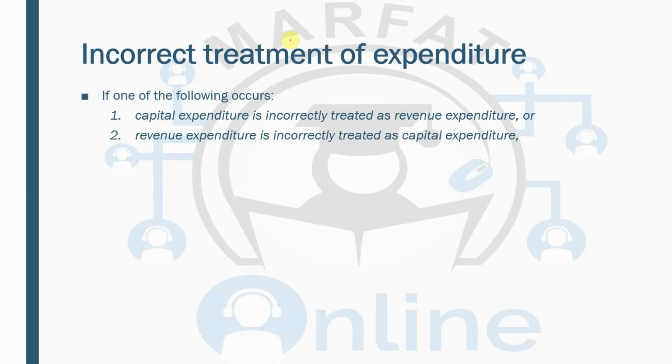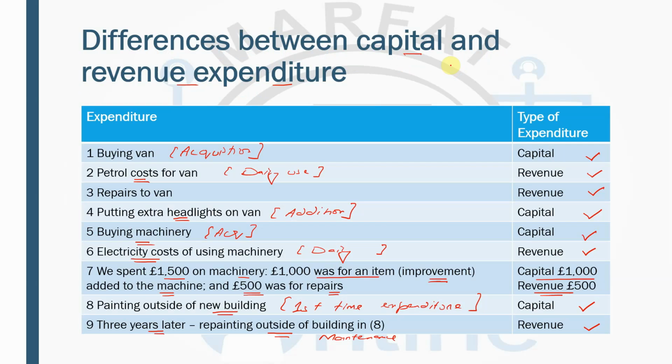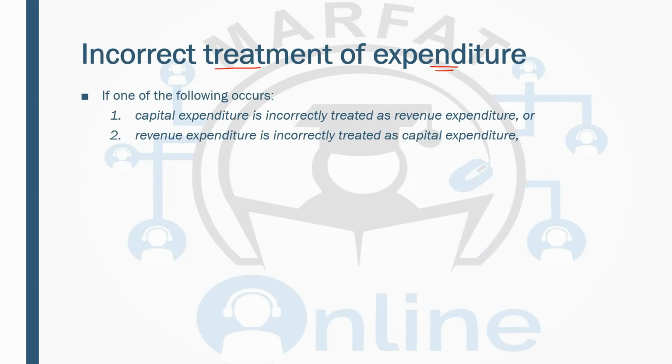Now the last thing we need to discuss in this video is incorrect treatment of expenditure. Obviously you have so many things, sometimes people get confused and they record revenue expenditure as capital expenditure or capital expenditure as revenue expenditure.